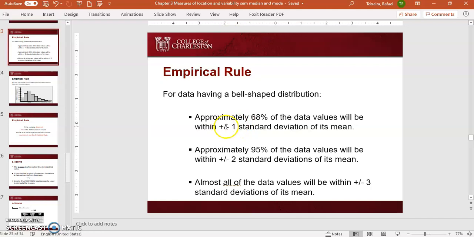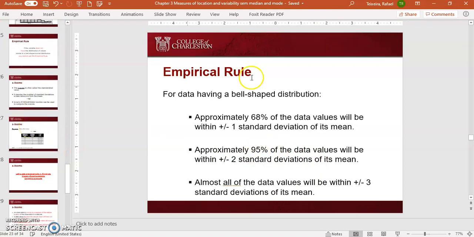So if I have plus and minus 1 standard deviation of the mean, we have 68% of all observations. If we have plus and minus 2 standard deviations of the mean, we have 95% of all cases, and so on. Okay, so you see that everything is revolving around the mean and variability around the mean.